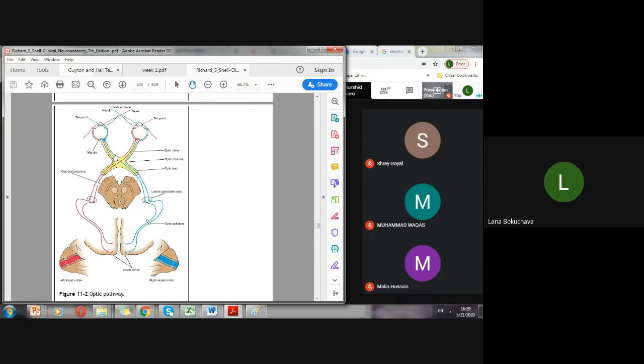But the most interesting thing here is that, compared with the other type of somatic sensation, where we had the decussation of almost all nerve fibers as part of the second order neuron, as you remember, in this case only half of the fibers are decussating, as you can see. And these are the ones associated with the nasal or medial part of the eye.